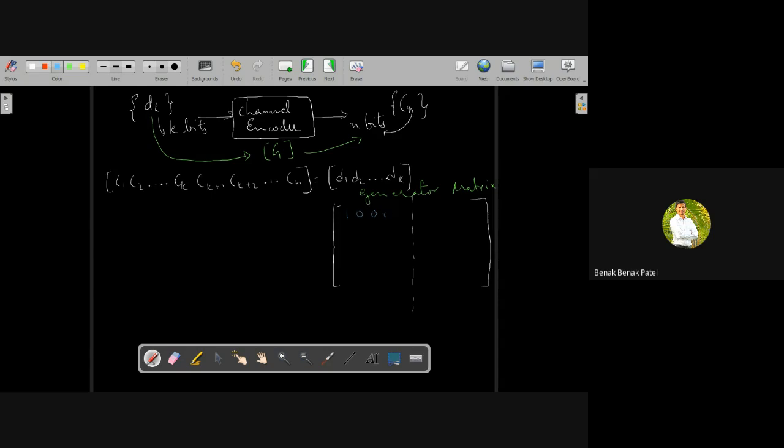And by now, we already know what an identity matrix is. An identity matrix has all its principal diagonal elements equal to 1 and the rest of the elements as 0. Something like this.